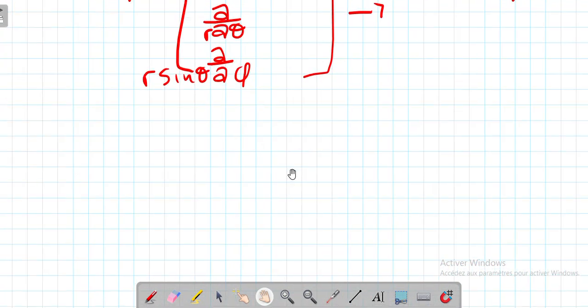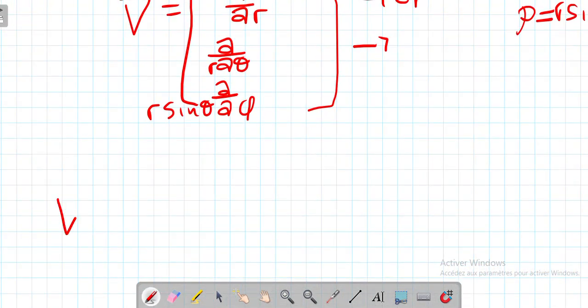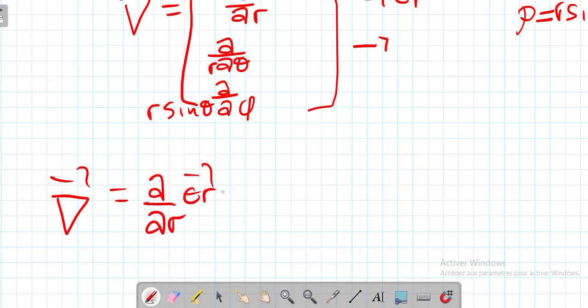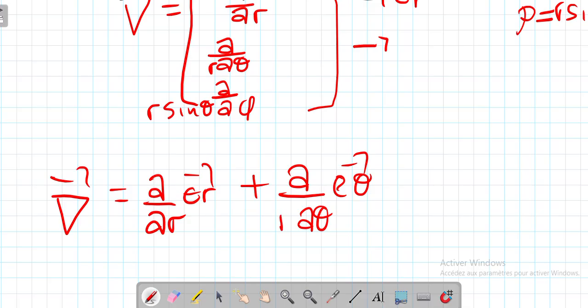Therefore your nabla in the spherical coordinate system will be the partial derivative with respect to r in the direction of er, plus the partial derivative with respect to theta. Of course, this is e theta. Since this is an angle, you put the radius associated to the angle, then plus the partial derivative. This is e phi.